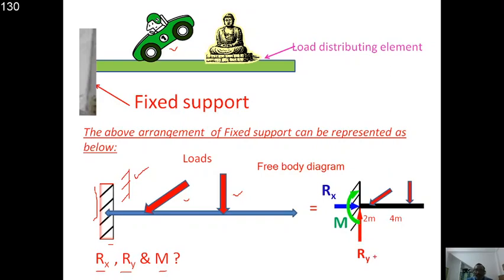Ry will be vertical because the loads coming on the load distributing element are downward. You can see that this is also downward, and this inclined force is also going downward. Hence the reaction would be upward, so I took this arrow upward.